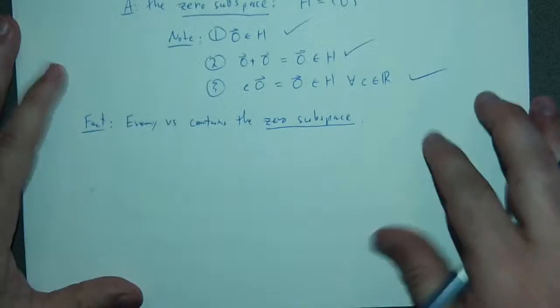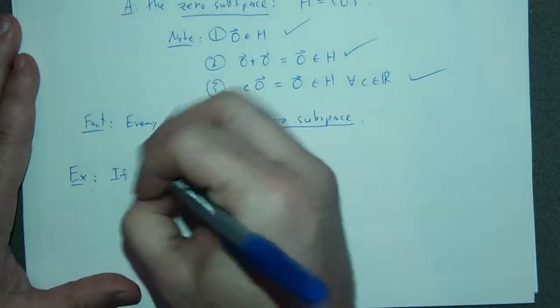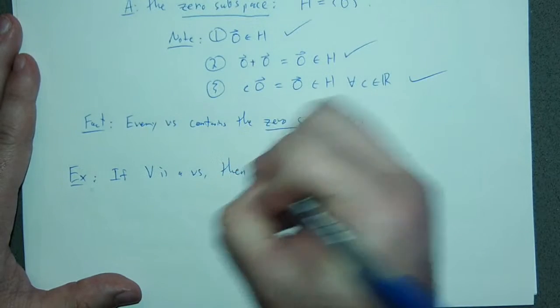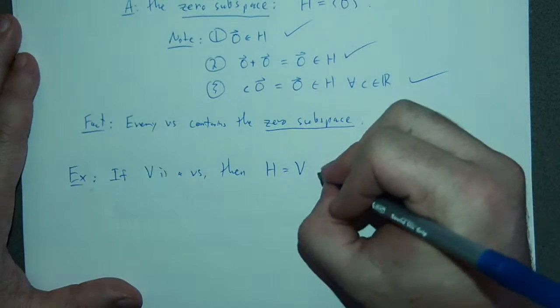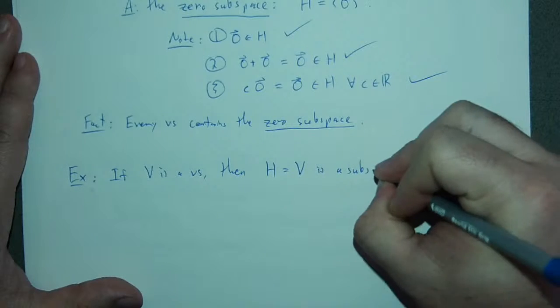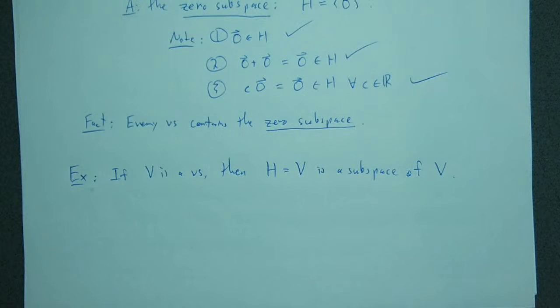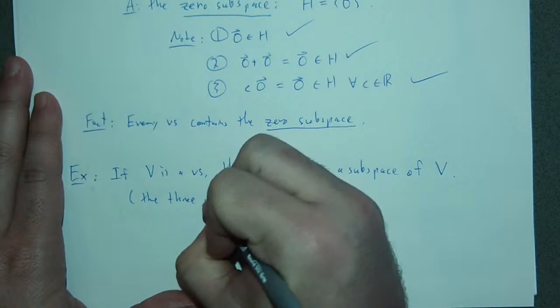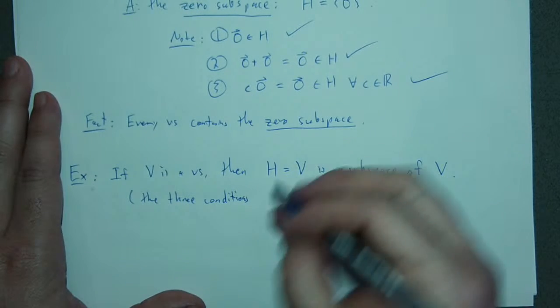Okay, so someone else brought up another example. If V is a vector space, then the entire ambient vector space V is a subspace of V. And I don't have to check the 3 conditions; they are trivial to check because H is V and V satisfies all the vector space axioms.